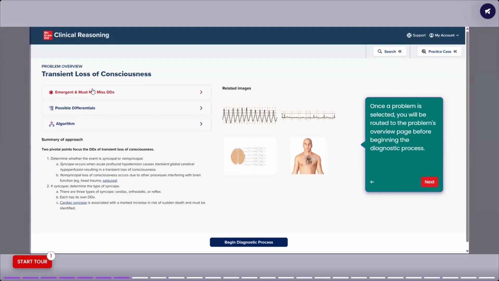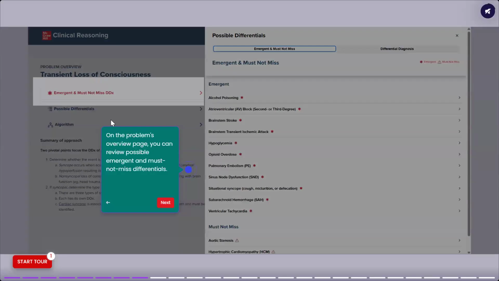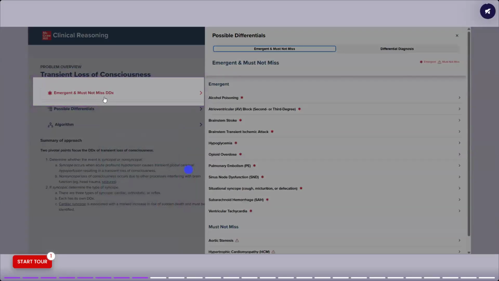We do have different resources here or different tabs. So we're looking at emergent and must-not-miss differential diagnoses. These are, like the name implies, either emergency situations which cannot wait, or must-not-miss diagnoses because they might be life-threatening.